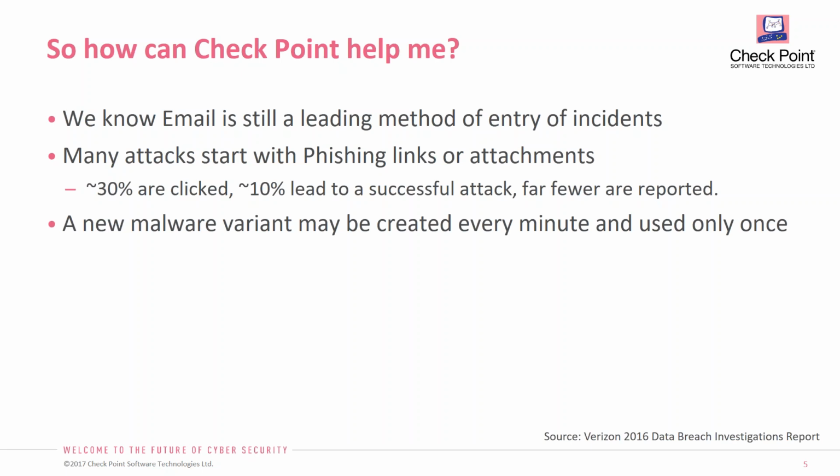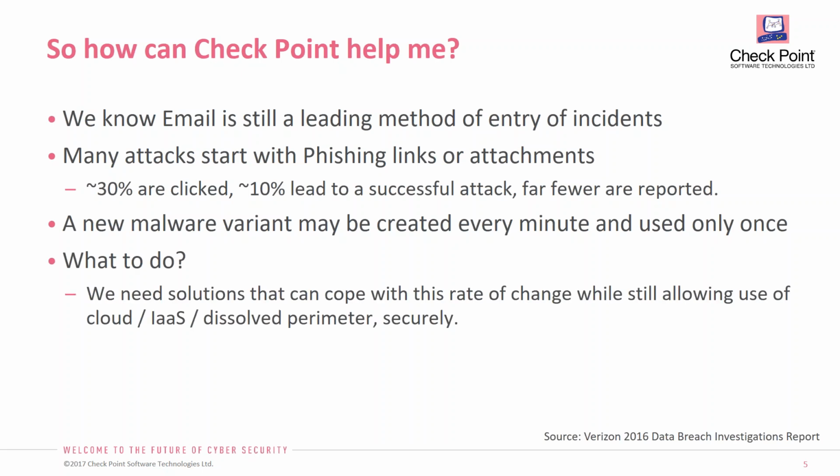We also know that it's relatively easy to make a new variant of malware. And back in the Verizon report, they discuss that the bad guys can make a new variant once every minute, and that variant might only be used once. Okay, so what do we do?